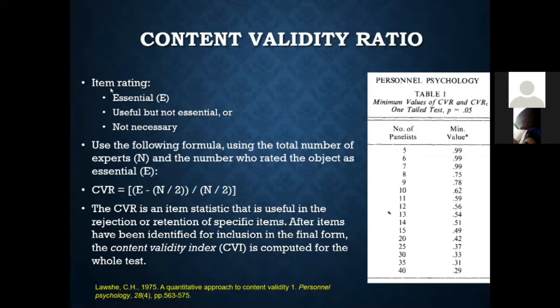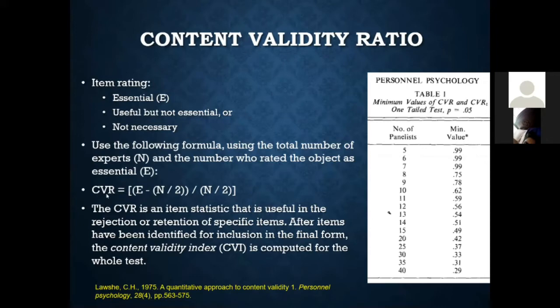Okay, so your participants or your content experts are required to rate each question and give their rating, whether it is essential, useful but not essential, or not necessary. Okay, so use the following formula using the total number of experts N and the number who rated the item as essential E.